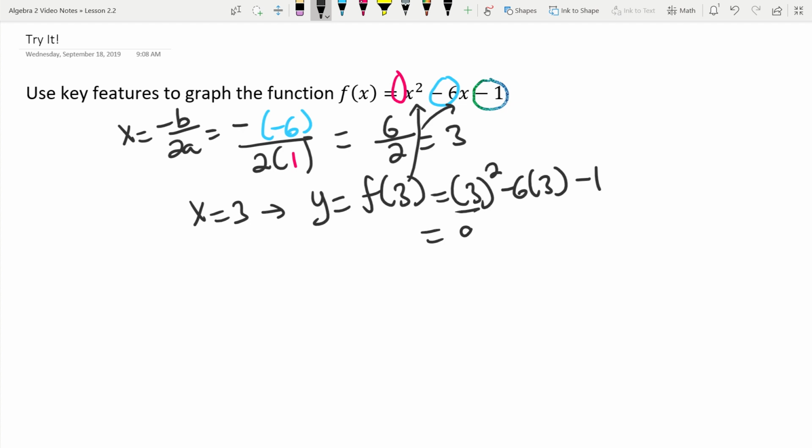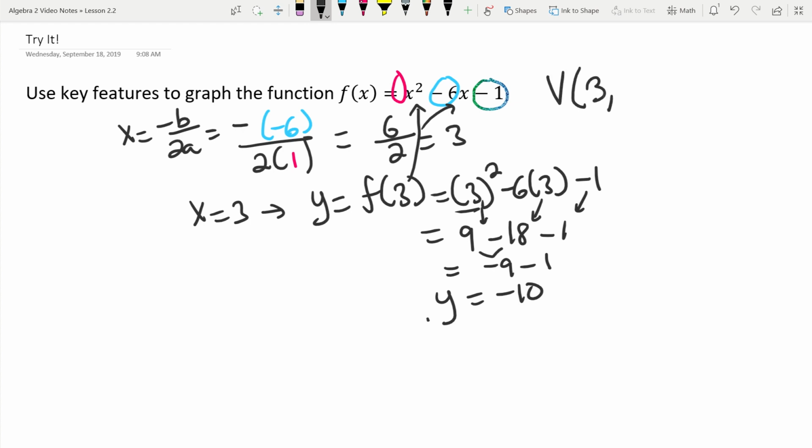So 3 squared is 9. 6 times 3 is 18. And then we got minus 1. So combine these together. This will give you negative 9. Negative 9 minus 1 is negative 10. Okay, so then our vertex is 3 and negative 10.